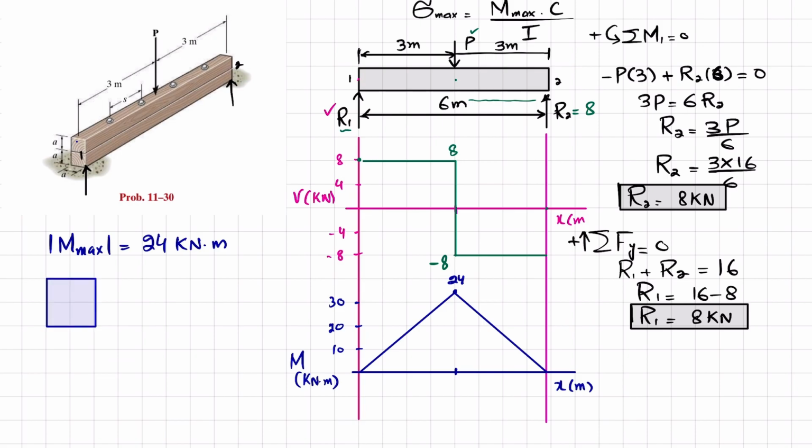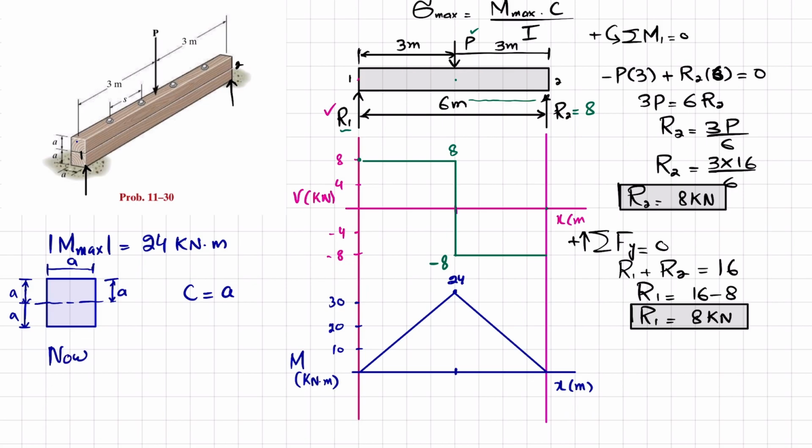Let this height be A, and this is also A. Similarly this dimension is A. Clear? And the centroidal axis will be at a distance of A. So it means that your C will be equal to A.